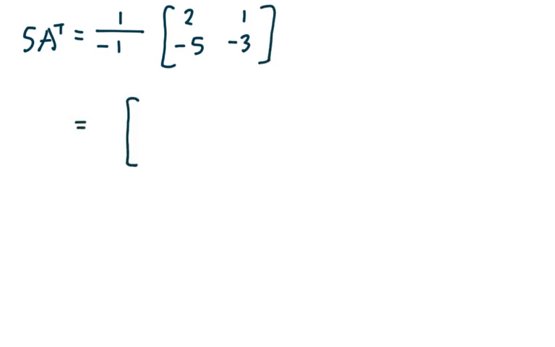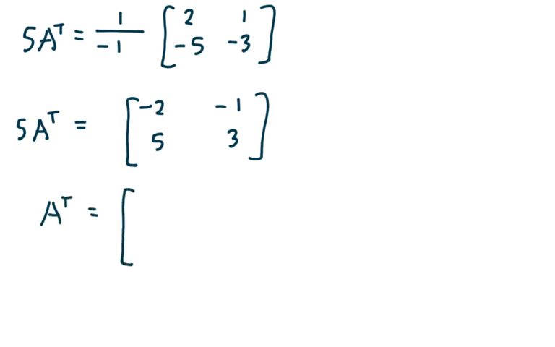And so we get -2, -1, 5, 3. And so that is indeed 5A transpose. Now what we can do is solve for A transpose. When I solve for A transpose, I get negative 2/5, negative 1/5, 1, 3/5.